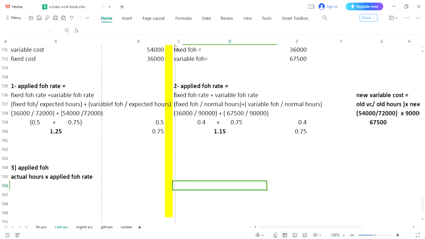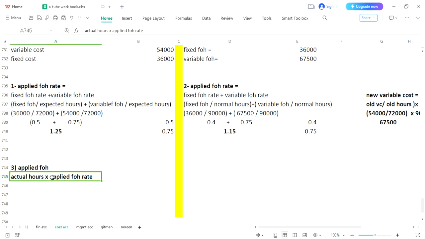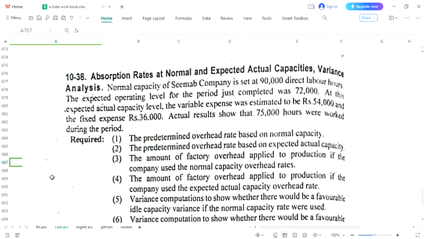Little more space. Okay. So now we need to calculate applied FH, but first we will see which capacity he wants us to use. Amount of factory overhead applied to production if normal capacity is used. Amount of factory overhead applied to the production if expected capacity is used.